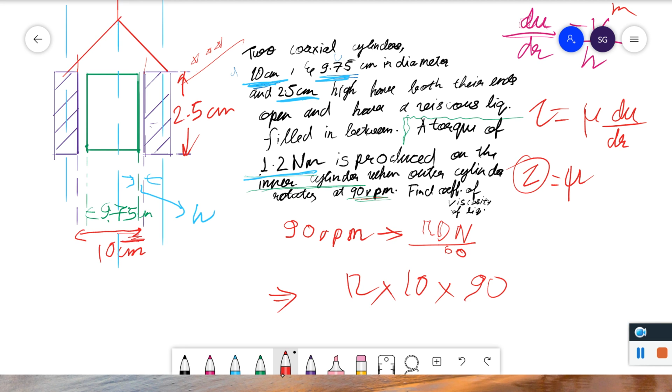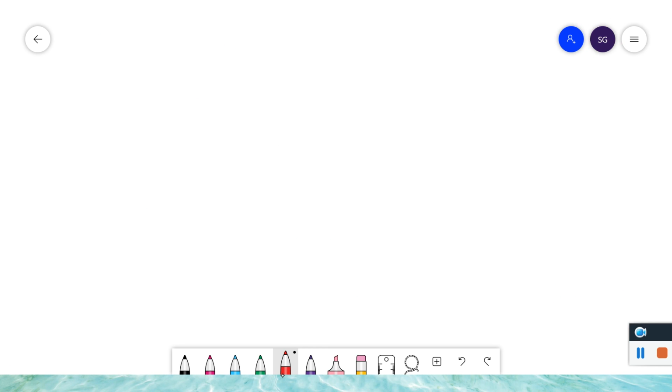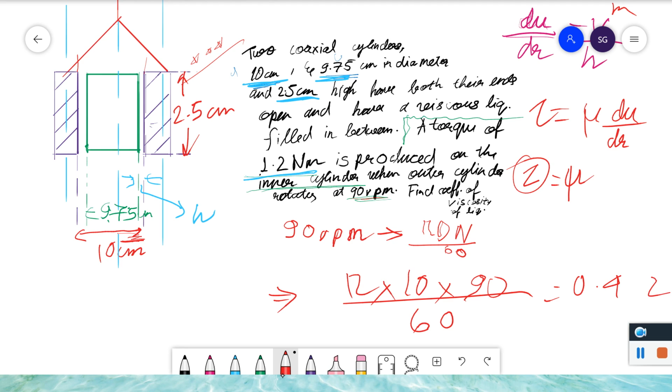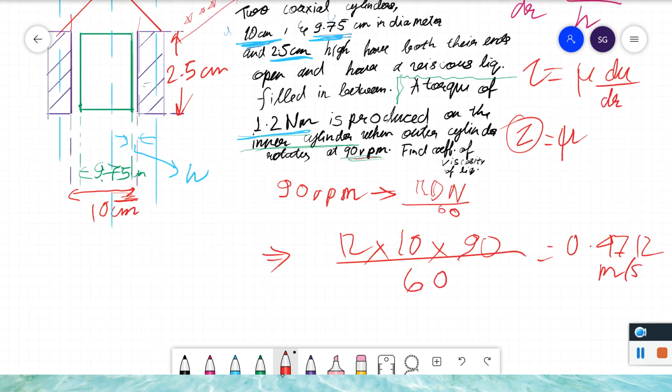So we will not take 9.75 into 90 rpm upon 60. Let's calculate this out, and it comes out to be 0.4712 meter per second. Okay, now we'll proceed further.